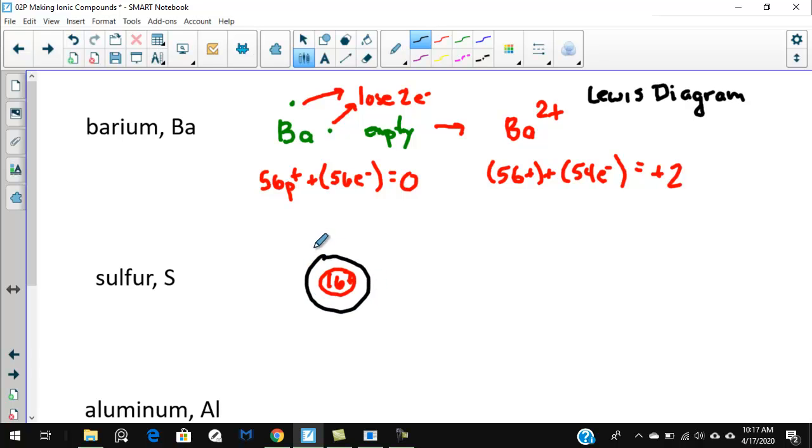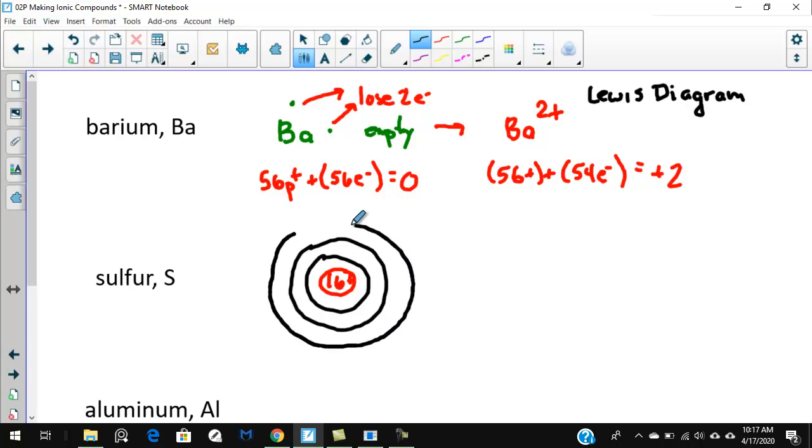So first orbit, second orbit, and a third orbit, like that. And then we have to add in the electrons. The first orbit can have 2. The second orbit can have 8. 1, 2, 3, 4, 5, 6, 7, and 8. So that's a total of 10.